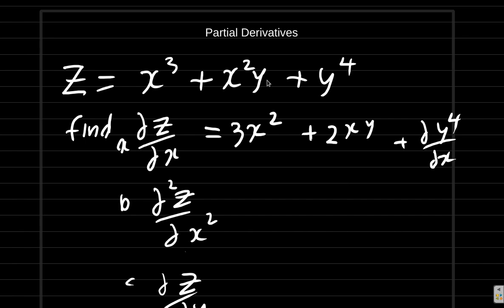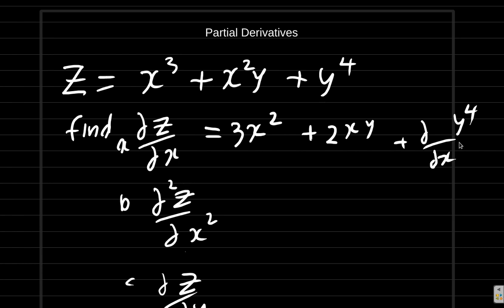And then now, the partial with respect to x of y to the fourth. By the way, let me put some space between this and y to the fourth. But that means you're going to differentiate y to the fourth with respect to x. Remember, we're differentiating with respect to x, so x is the variable.